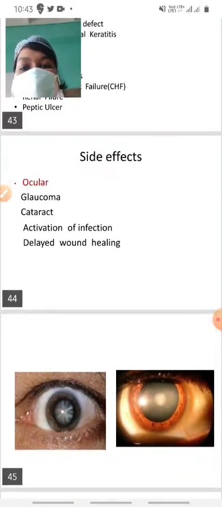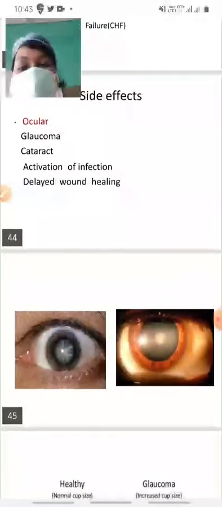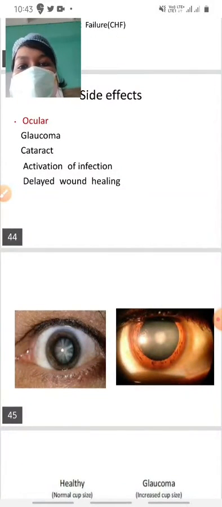Coming to the side effects, the ocular side effects, like I had said, it can cause increase in IOP, so the patient might develop glaucoma, and it may cause opacification of lens causing cataract. And like in infection I had said, it can cause activation of infection and can delay the wound healing.